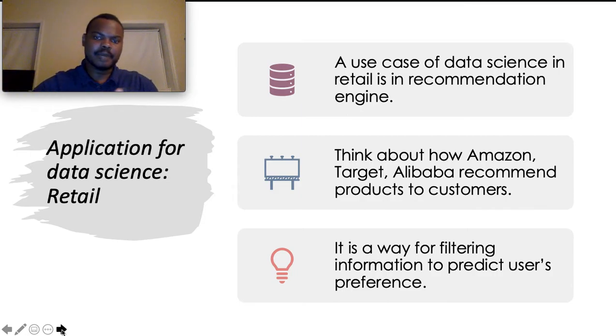So think about Amazon, Alibaba, Target, these big marketplaces where people come to buy products. They actually have recommendation engines that recommend products to customers based on what they've bought before. So it is a great way to filter information to predict a user's preference.